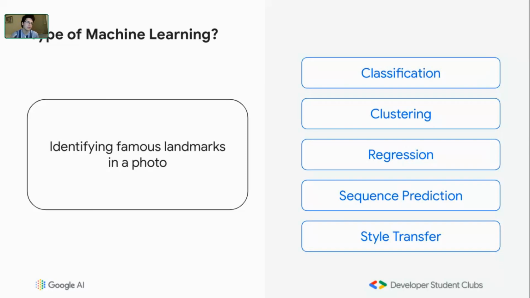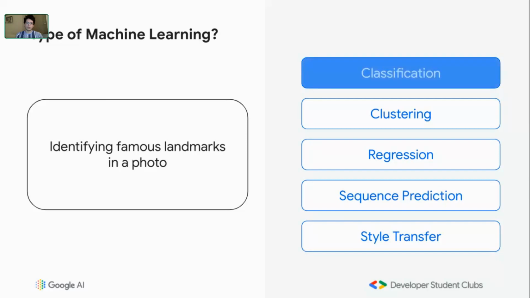Identifying famous landmarks in a photo. So we have classification, and then style and class together. I see. I threw you off with more than one answer, but let's see. Identifying famous landmarks in a photo. So, classification, and I don't blame anyone for being wrong on all of these. I feel like they're so difficult.